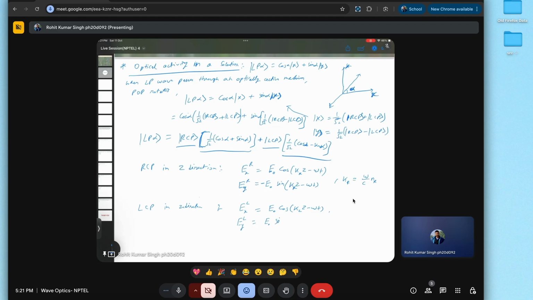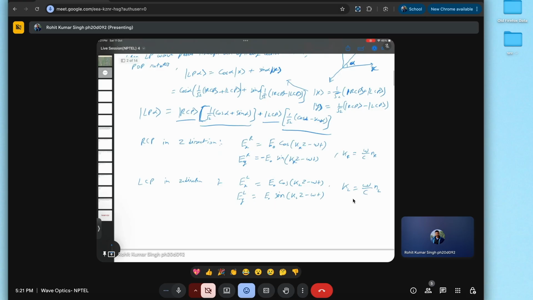Okay, and this kl, the wave vector for LCP, will be omega by c nl. Okay, so this is the refractive index for LCP.